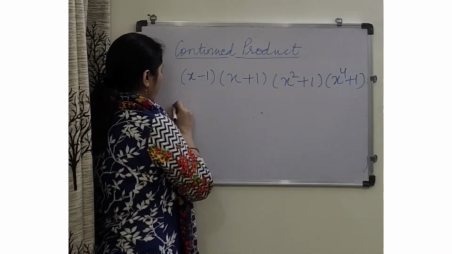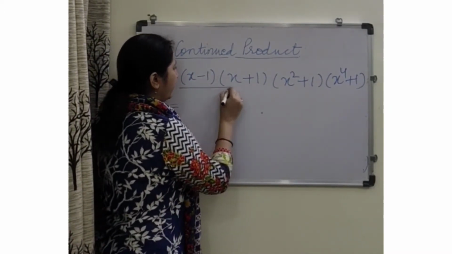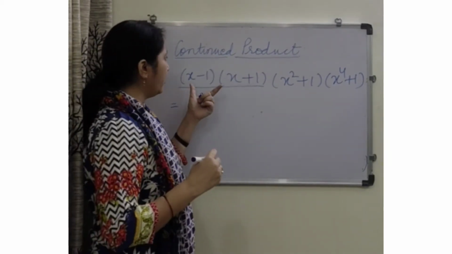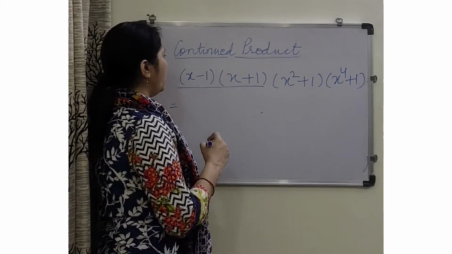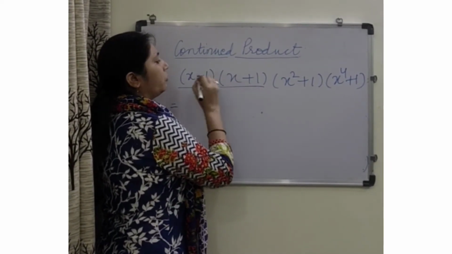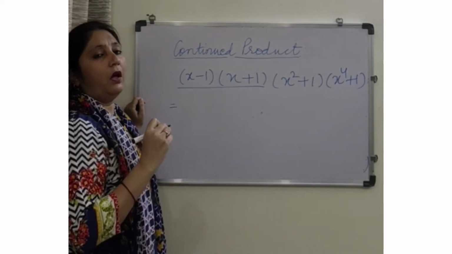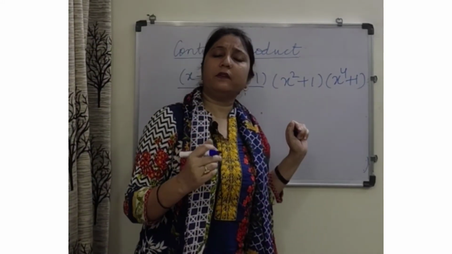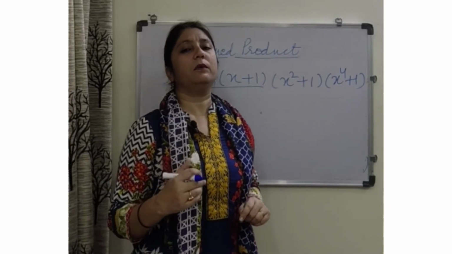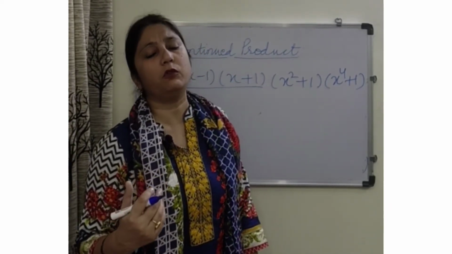Children, first of all, we take the two brackets having the same terms with different sign, that are your bracket 1 and bracket 2. Here if you see, the only difference is of sign. So which identity has got this thing? That is the identity (a minus b)(a plus b) is equal to a square minus b square.